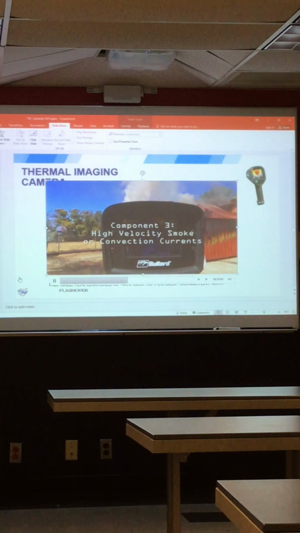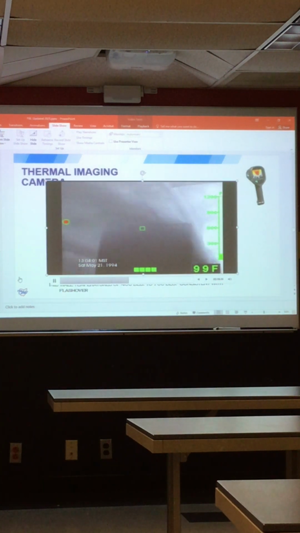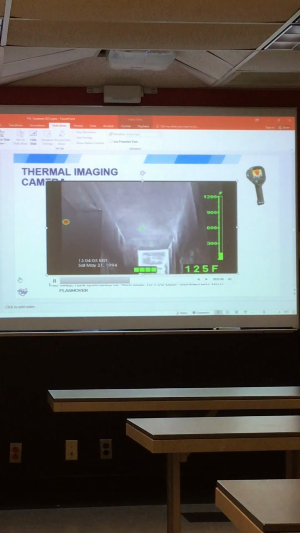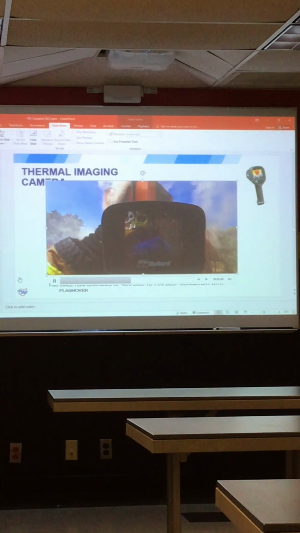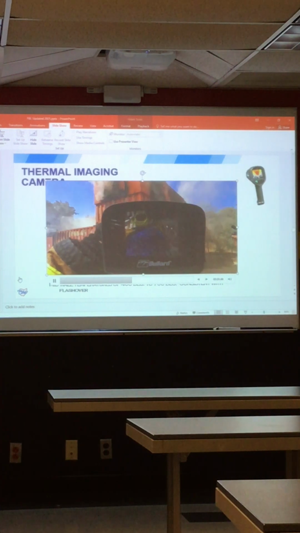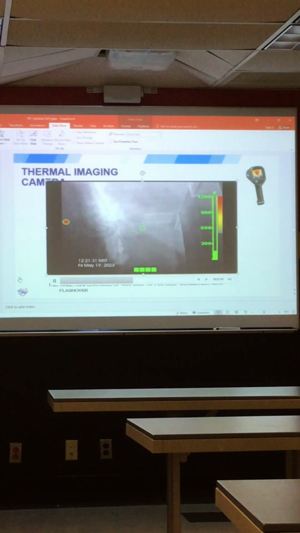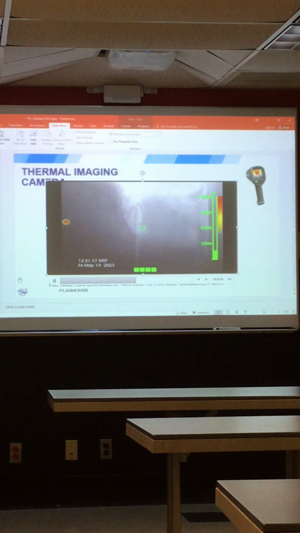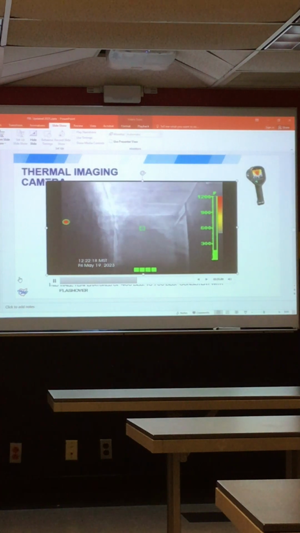The third component involves high velocity smoke or fast moving convection currents. High velocity smoke is observable with the naked eye, while the convection currents can be detected using the TI. Both rapid smoke movement and fast moving convection currents indicate escalating fire behavior and should be addressed to improve fire conditions.